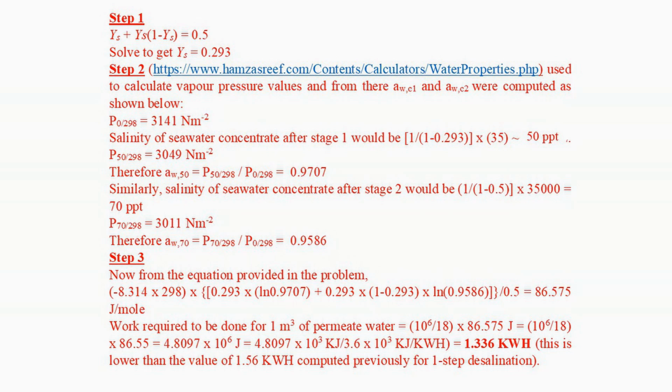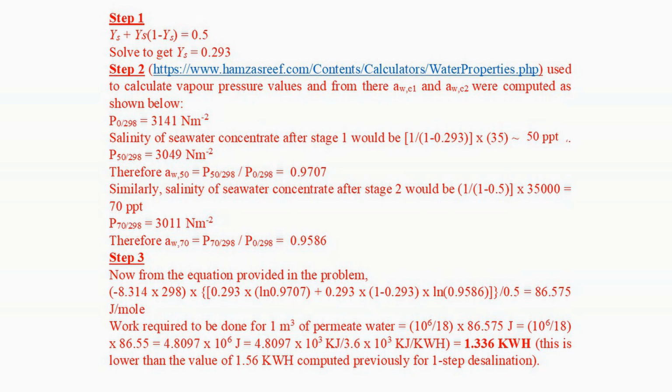Now, from this value of the recovery Ys, we will be able to figure out the resultant salinity of the concentrated seawater after each of these stages. That's what is done in step 2.